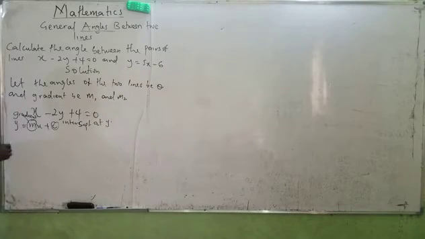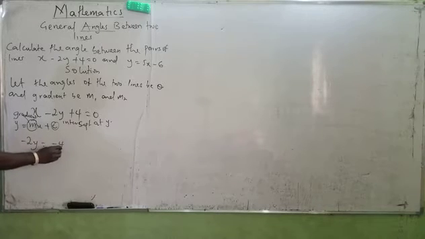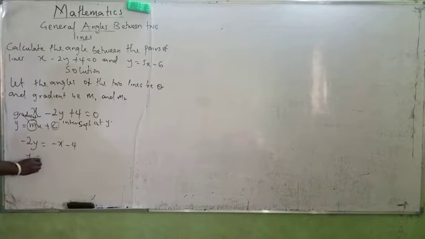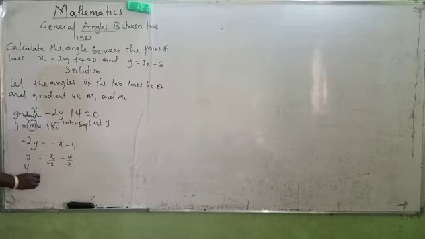Now, I have minus 2y equals minus x minus 4. My y will be equal to x all over 2 plus 2, so y equals x all over 2 plus 2.